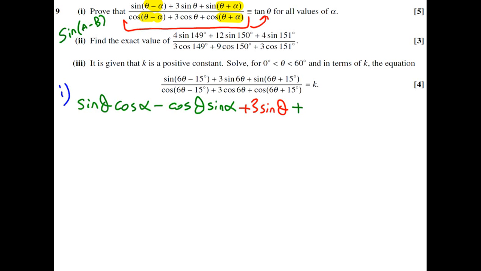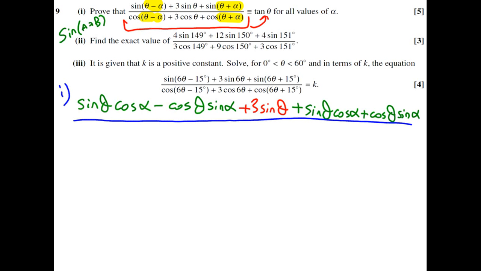Now we need the sine of A plus B formula for the second part, which is exactly the same but with a plus in the middle. Sine theta cos alpha plus cos theta sine alpha. That's the top row of your left-hand side done. Same for the lower part. We're going to now use the formula cos A minus B for the first bit.